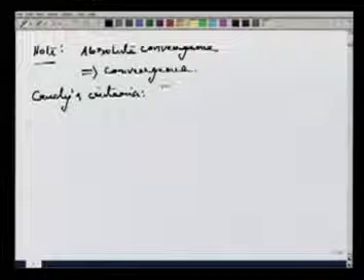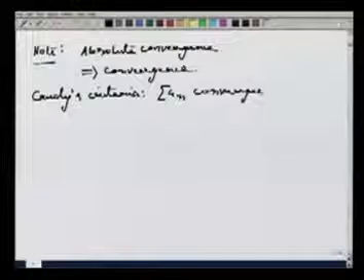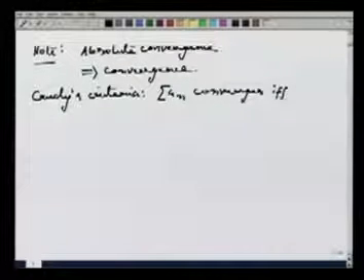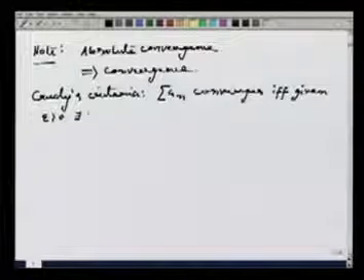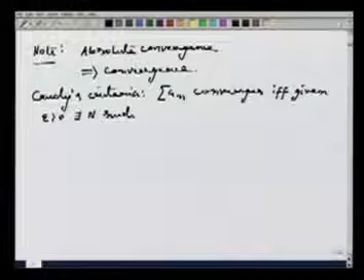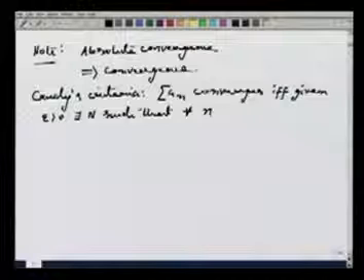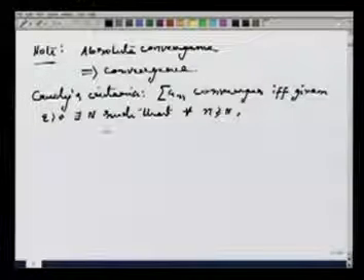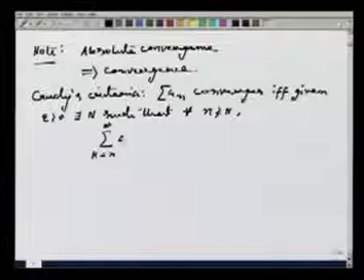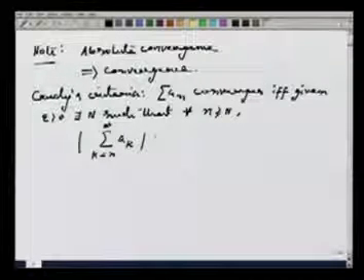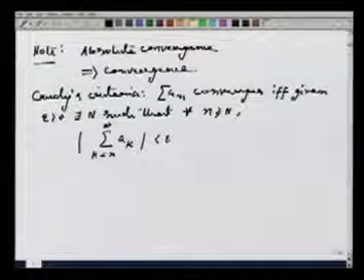It just says that summation An converges if and only if given epsilon bigger than 0, there exists capital N such that for all n bigger than or equal to capital N, mod summation k from n to infinity ak is less than epsilon. Okay, that means the tail after some stage is small.